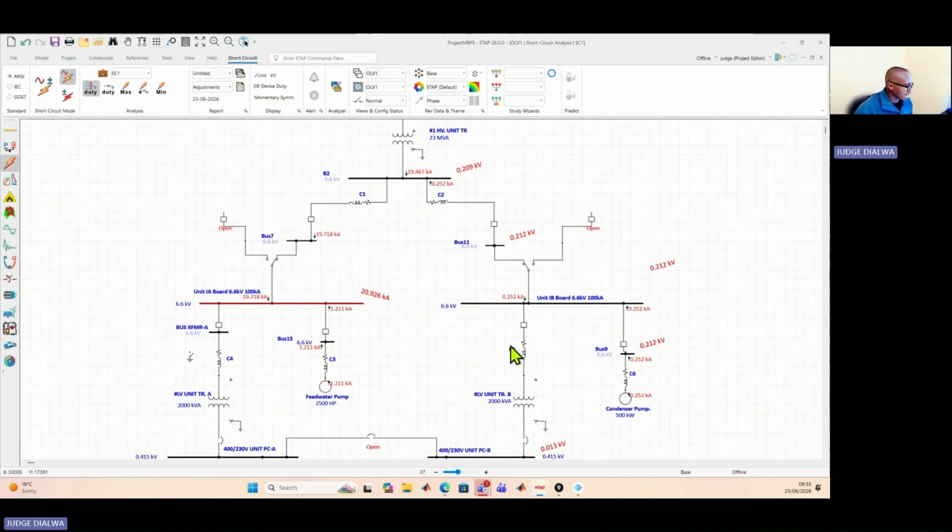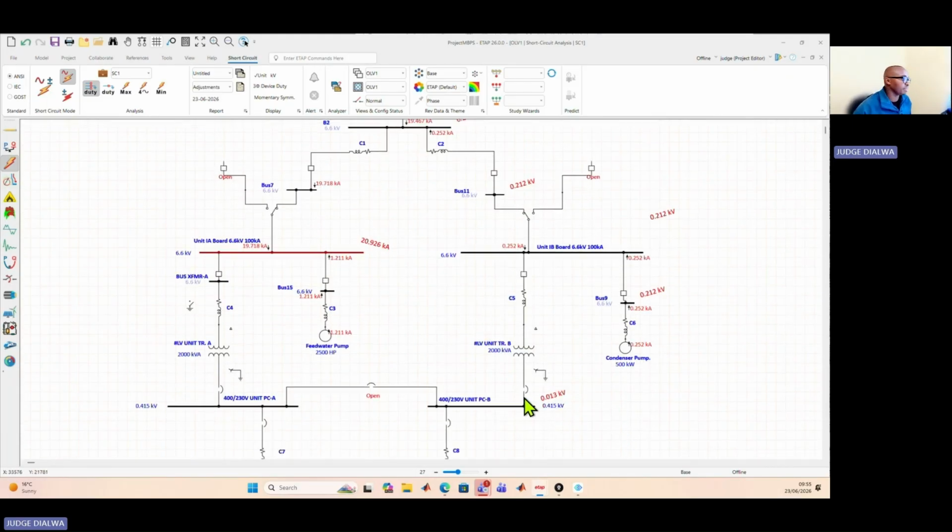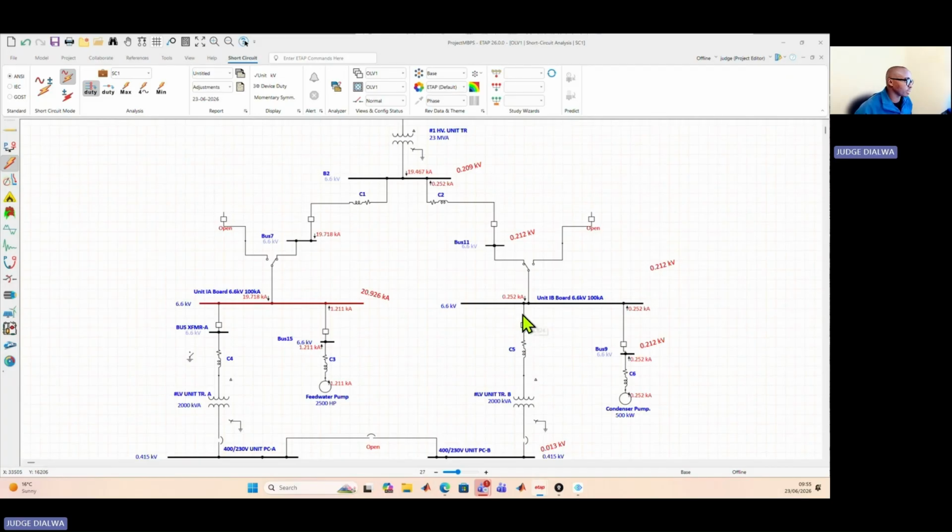And this branch does not contribute anything because it has no voltage source behind the impedance, same as the other branch where our low voltage unit transformers are not loaded.